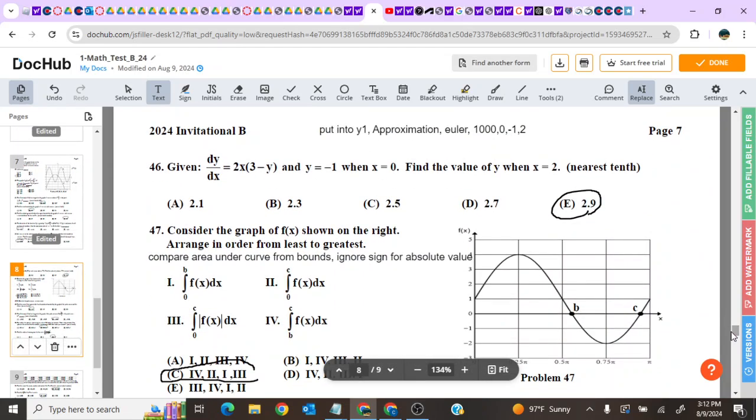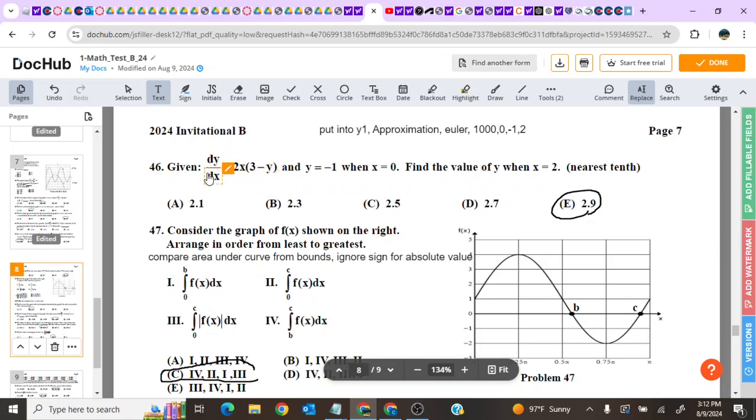46, okay, given this equation right here, y is equal to -1 when x is equal to 0. Find the value of y when x is equal to 2. You can, if you want, actually solve this equation. You'd have to divide each side by 3 minus y, then take the integral of each side, or multiply by this dx over here.